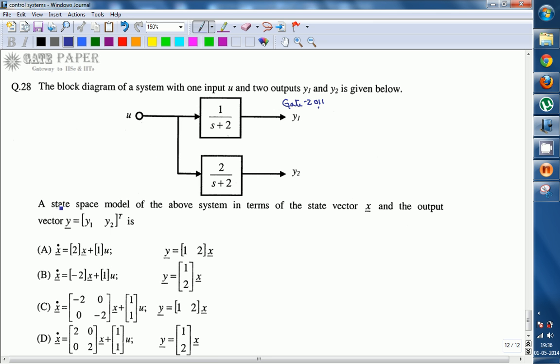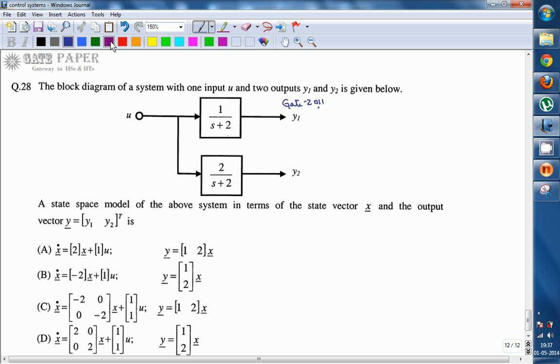Then a state space model for the above system in terms of state vector x and the output vector y equals y1 y2 transpose is given as. Now we need to find the state space model for this given block diagram representation.